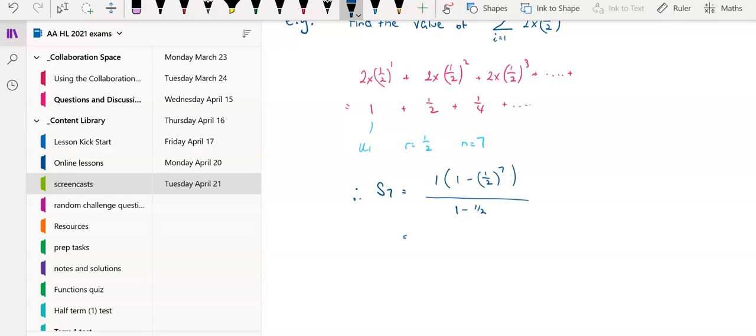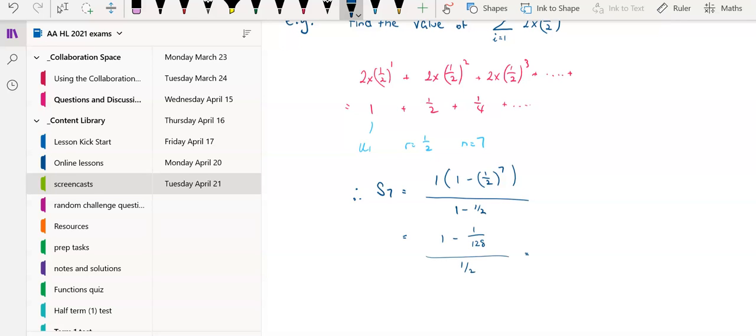Actually, I'm just going to do this by hand because the calculator will approximate this to a decimal. So I'll forget about this 1. I've now just got 1 minus a half to the power of 7. I know that 2 to the power of 7 is 128. So that's going to be 1 over 128. And that's all over 1 minus a half, which is just 1 half.